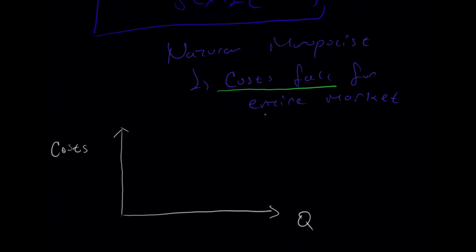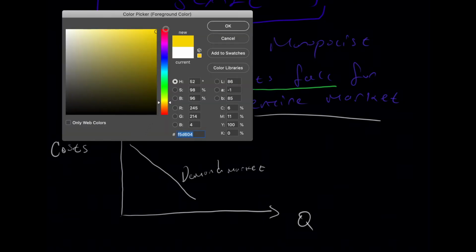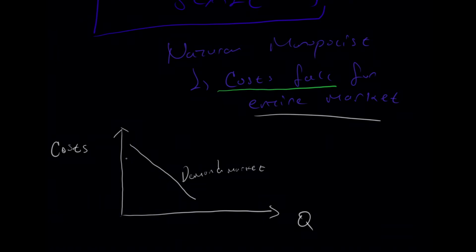The entire market will be represented with, let's just say, this demand curve right here, not the straightest demand curve, guys, but I think it'll do. So let's do demand of the market. And the natural monopolist will exist if the long run average total costs are like that.